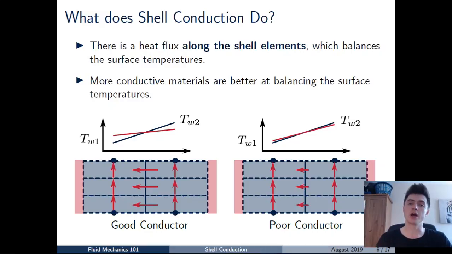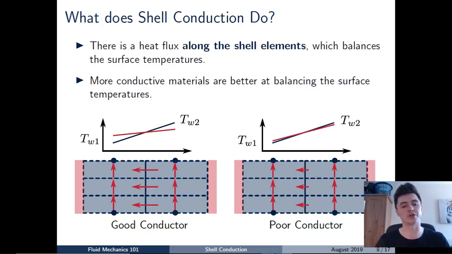And with this heat transfer, what we find is that the temperature of the wall TW2 is going to reduce, and then the temperature of the wall TW1 is going to increase. And what we can clearly see here from the diagram is that shell conduction has the effect of balancing the surface temperatures, and the degree to which the surface temperature balances depends on how conductive the shell elements are.